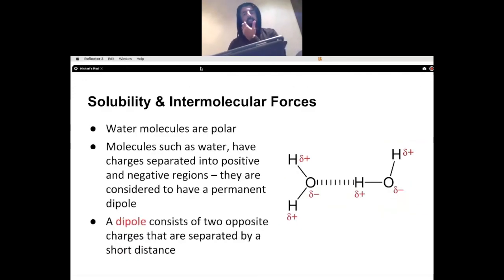So solubility and intermolecular forces. We just talked a little bit about this moments ago, but just to recap and bring up a couple of key points on this concept that I just mentioned. The term dipole, so the di meaning two poles. The two poles are a slightly positive and slightly negative end.